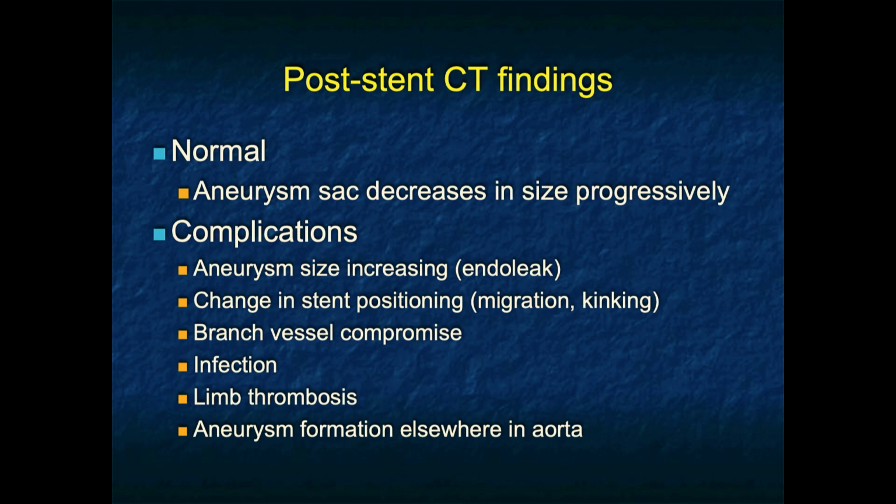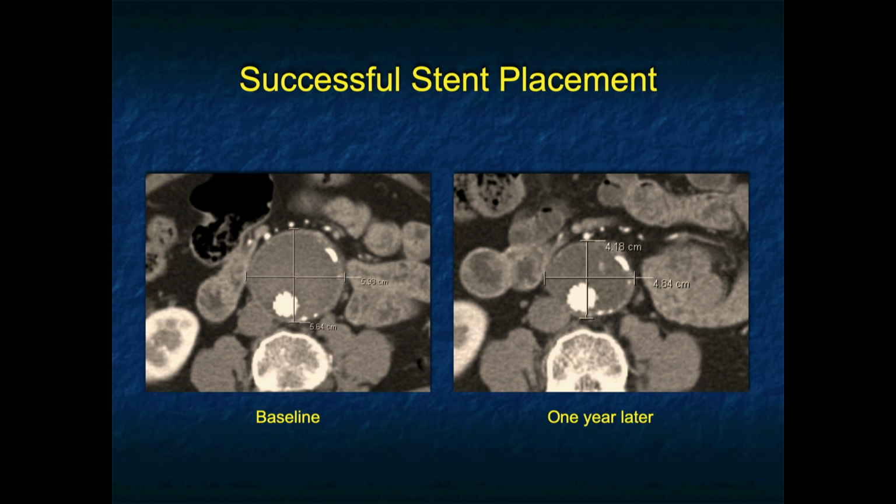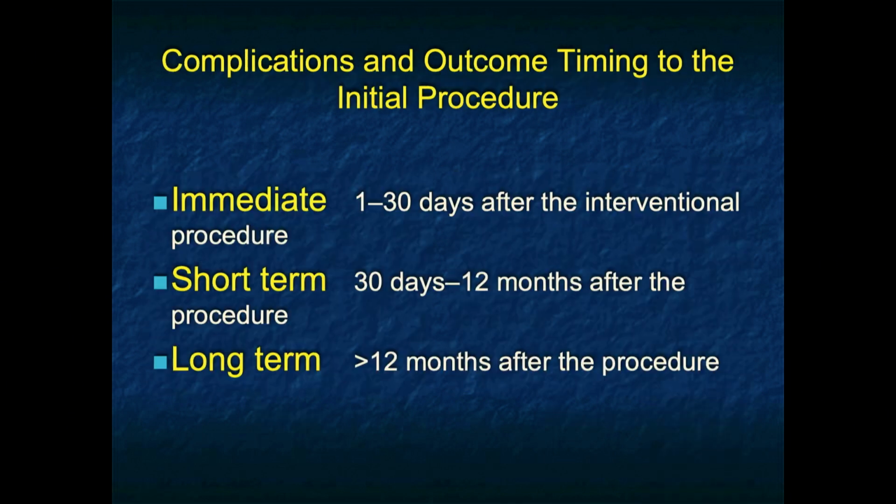The most common complications we look for are endoleaks, change in stent positioning like migration and kinking, I'll show you some of those, and branch vessel compromise, as well as other complications. So here's just a simple example, baseline endovascular stent. You can see the size measurement here, and then you see that 1 year later, it has decreased in size from 6 cm to about 4.5 centimeters. So that works out very nicely.